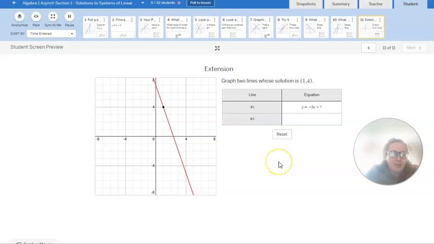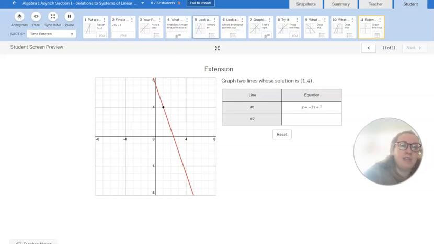Oh, there we go. Another line that goes through that same point, pick a different y-intercept, it doesn't matter. How about 1? And then the slope from 1 to 4 is going up 3 and over 1. Up 3 and over 1.